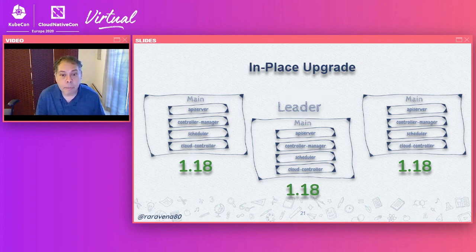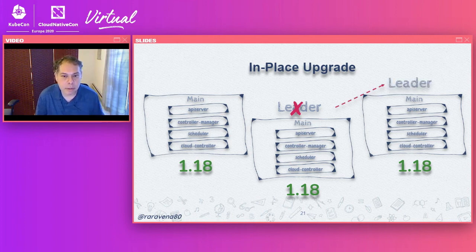And then you upgrade that leader. But when you upgrade that leader, these components have to be restarted. I'm also not showing etcd here, but a lot of people run etcd in their control plane. So that component is also restarted. And when that happens, that's not the leader anymore. So typically a new leader gets selected, right? So maybe the one on the right becomes the new leader.